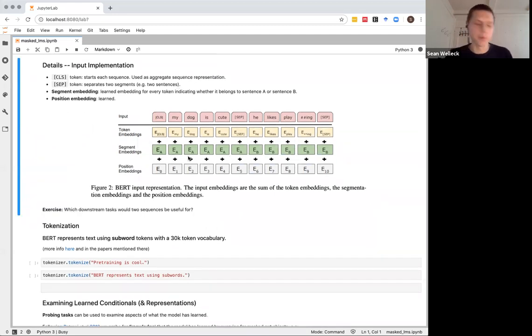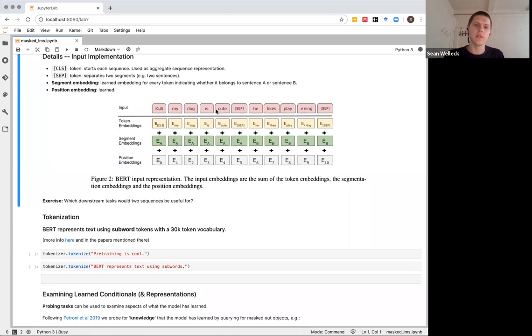So here is how the actual BERT model is going to represent the inputs. And you'll see that it's kind of similar to what we've done before, except in this BERT model, they trained it using two sentences at once. So you're going to have one sentence here, a separator token, another sentence, and a separator token. In addition to the token and the position embeddings, they also have these segment or sentence embeddings. So here's part A, and here's part B. One reason for this might be that for some of the downstream tasks, it's useful to have two sentences.